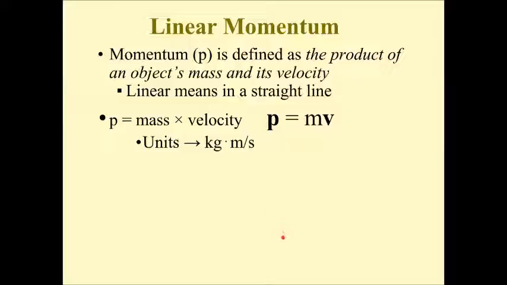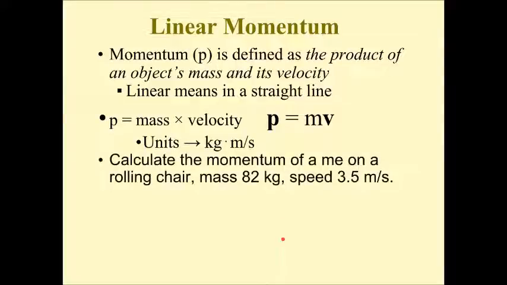Okay, so let's try a very simple example. Let's calculate the momentum of me on a rolling chair with a mass of 82 kilograms and a speed of 3.5 meters per second. So we simply take this formula, P equals mv, and as simple as it is, we put the mass in place in kilograms, 3.5 meters per second is the velocity.